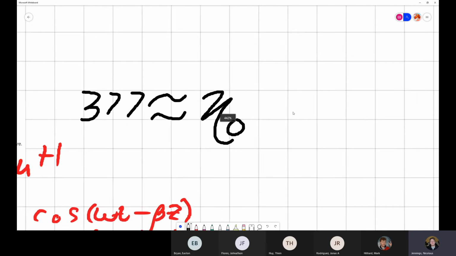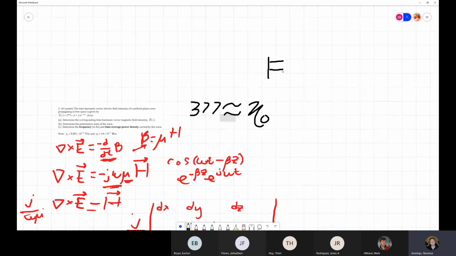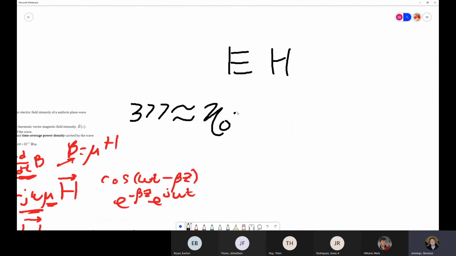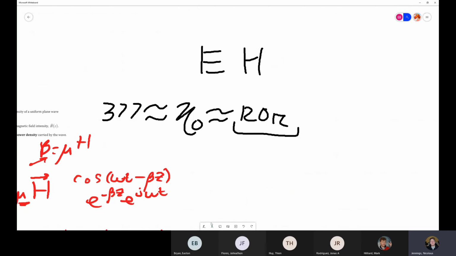All this is basically just a relationship between E and H, right? What you could have recognized is it's approximately equal to 120 pi. Not all of these are good approximations, this one's probably the best, but if you recognize this, you would have gotten this equation right here.